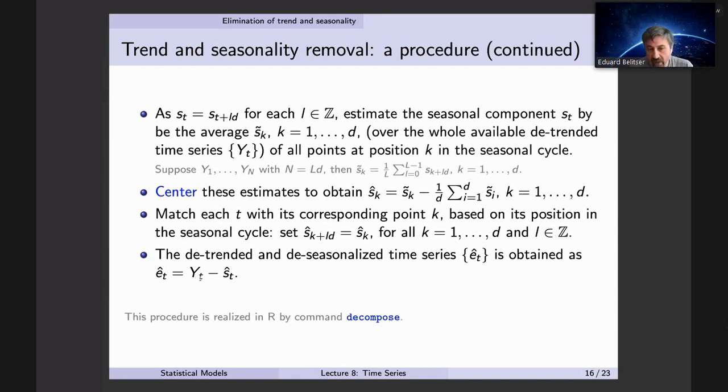If we have that, then we can deseasonalize. It's already detrended because we subtracted the estimator of the trend, and then we also subtract the estimator of the seasonal component, and that thing is detrended and deseasonalized. We call it E hat. It's sort of like an error, and hopefully that thing is stationary.